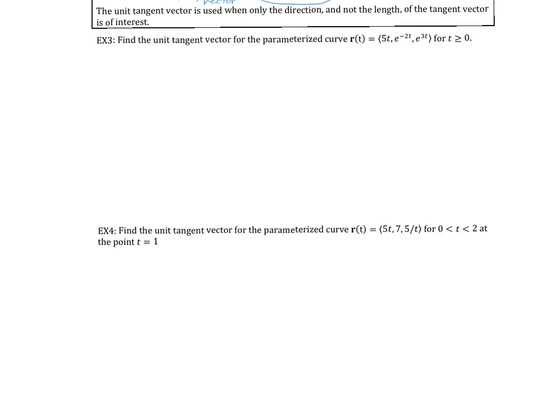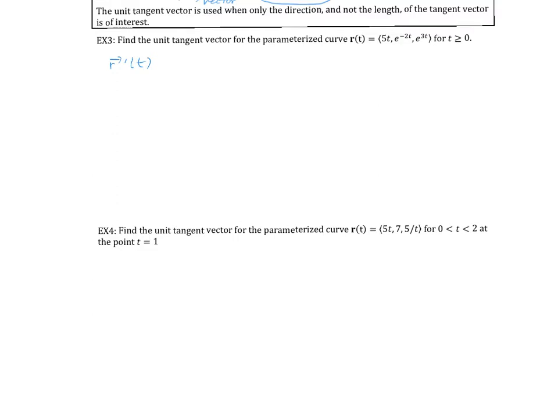Example 3, we're supposed to find the unit tangent vector for the parameterized curve. And then it's given to us that this is for t values greater than or equal to 0. That really doesn't matter when we compute the derivative, but if we were applying this to an application problem, we would just have to make sure that we don't put in any negative t values. So first I'm going to compute the derivative, and then I'm going to take its magnitude.